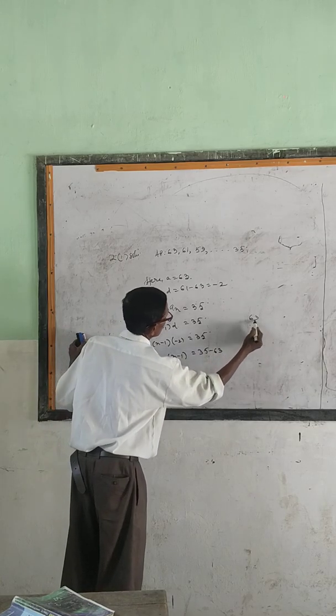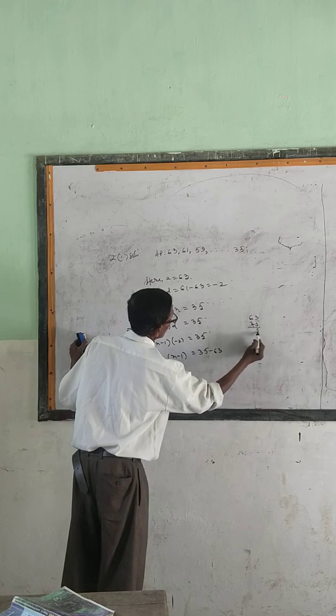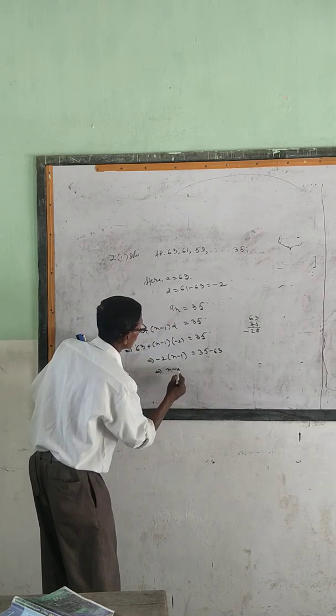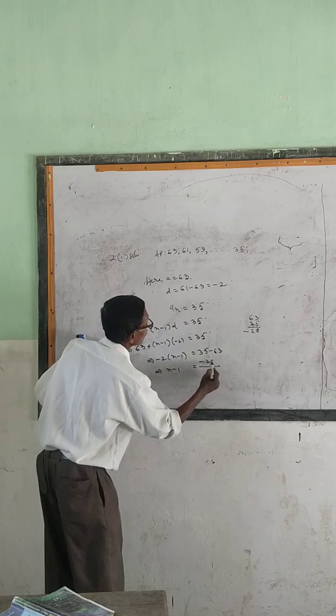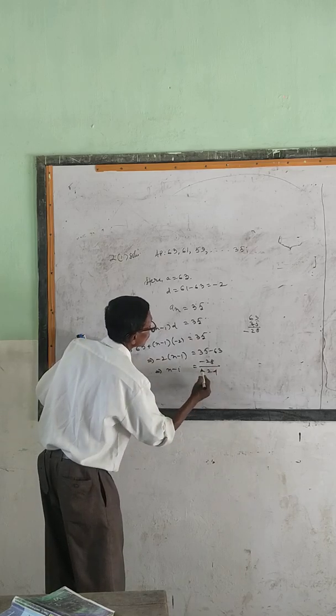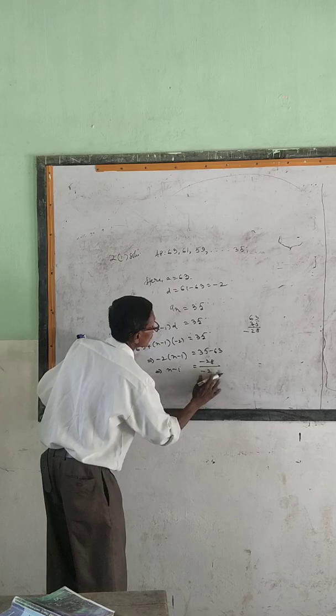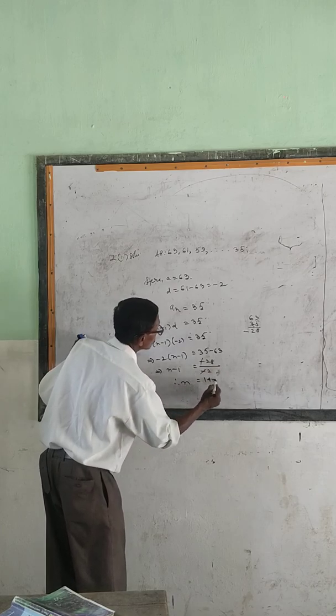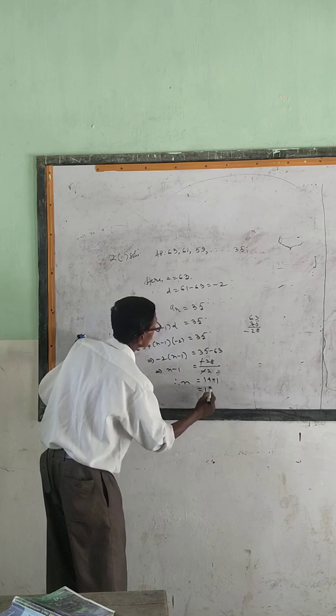From 63 we have to subtract 35. Implies n minus 1 equal to minus 28 by minus 2. After dividing, you are getting 14, plus 1 equal to 15.